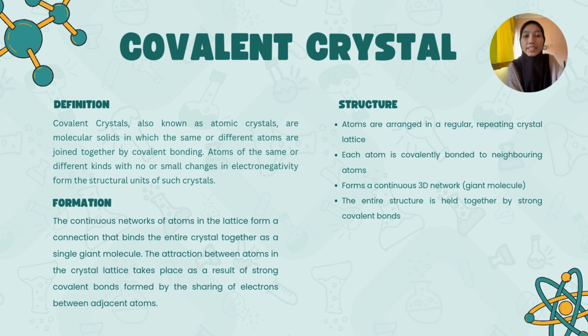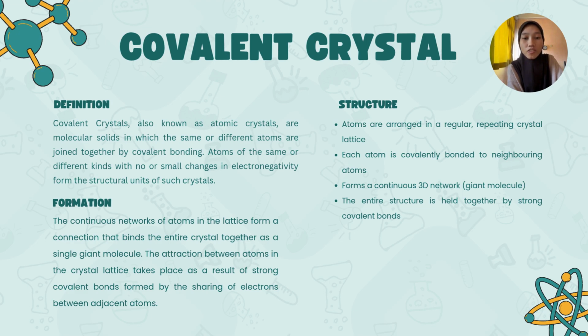Moving on to covalent crystal. The definition of covalent crystal, also known as atomic crystal, is molecular solids in which the same or different atoms are joined together by covalent bonding. Atoms of the same or different kinds with no or small changes in electronegativity form the structural units of such crystals.